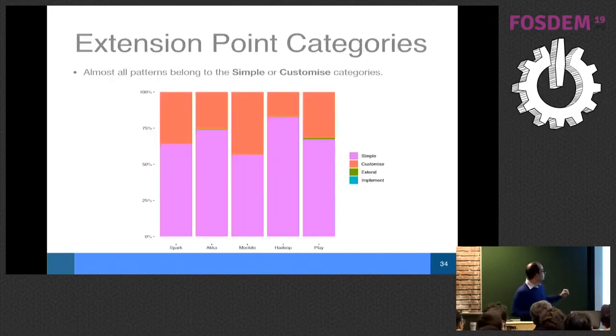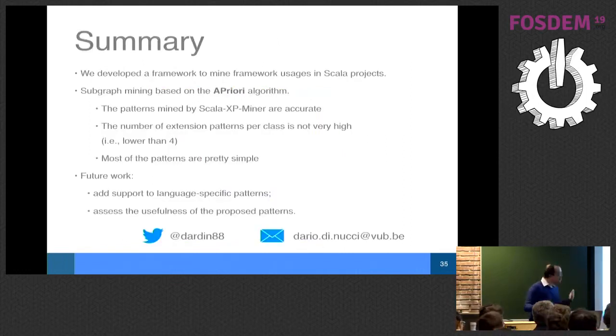And also, we discovered that applying our miner, most of the patterns that we were able to find were pretty much simple. So, from this point of view, you can understand that, as I told you before, you have a trade-off. On the one hand, your patterns could be simple. On the other hand, you have the accuracy.